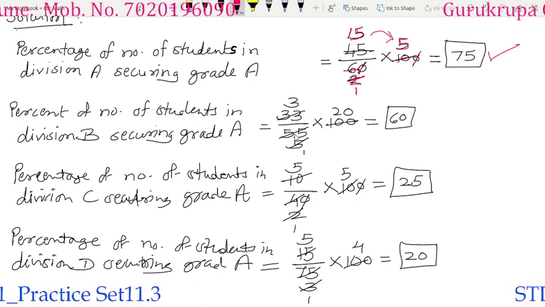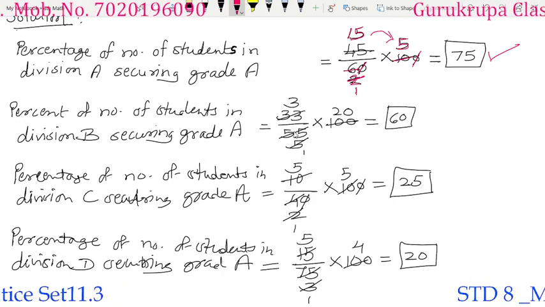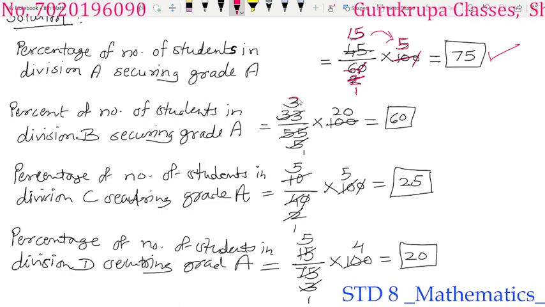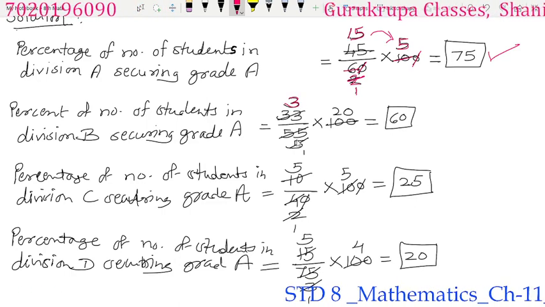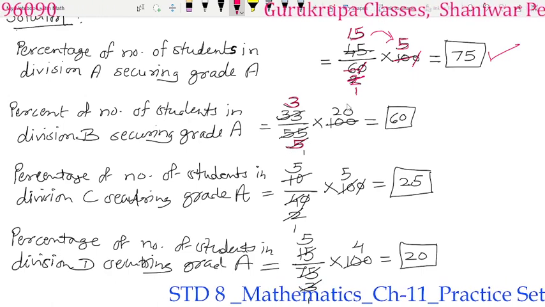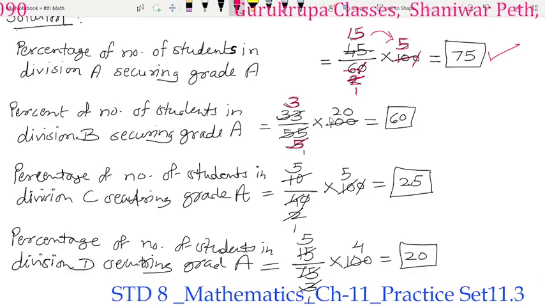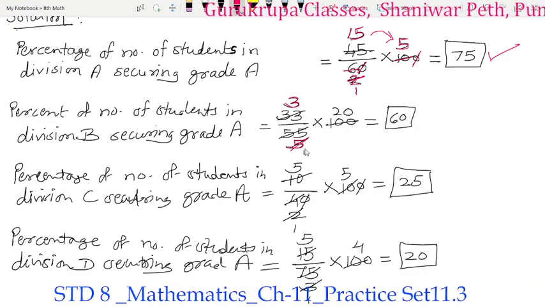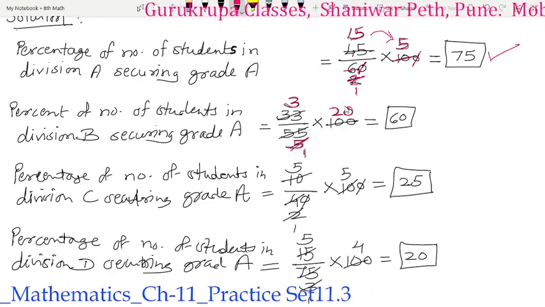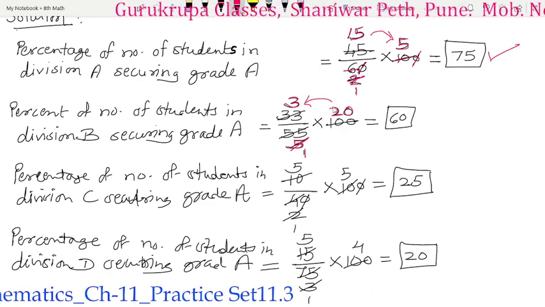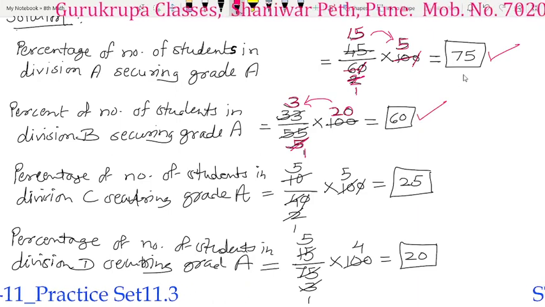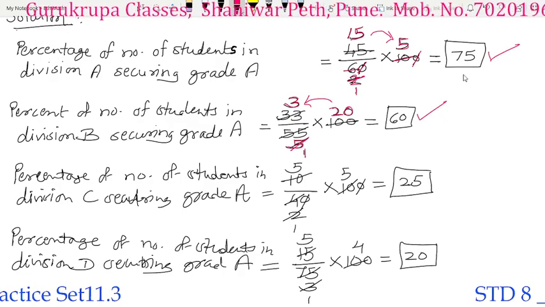Now these two numbers are in the table of 11. 11 threes are 33, 11 fives are 55. Now 5 and 100 you can divide. 5 ones are 5, 5 twos are 10, and 5 twenties are 100. So 20 into 3 gives 60. So 60% of students in division B secured A grade.